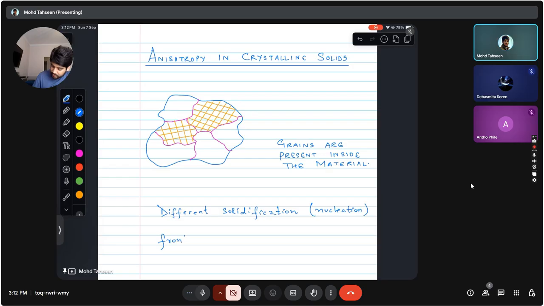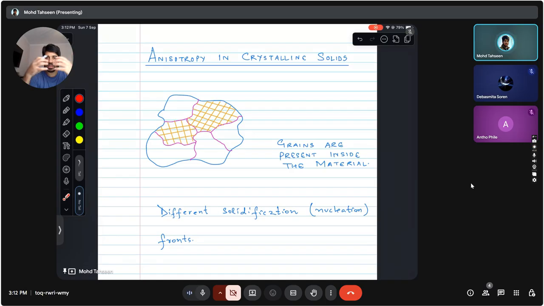When we have metal in the molten state and we are cooling it, the solidification process does not happen at a single point. It happens across multiple points inside the material. As we keep cooling, those solidification fronts keep growing from those points. This process is called nucleation of a solid, and then we have different nuclei located around the material.